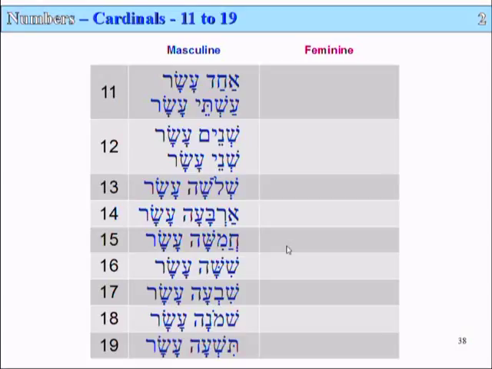And 19 is Tesha Eser. The hey, when it's added at the end, tends to lengthen it, so perhaps it's Tesha Eser.